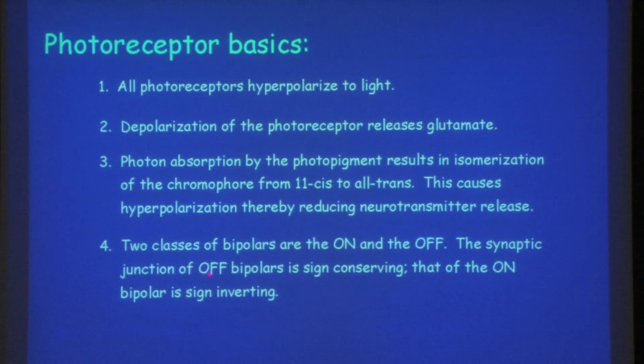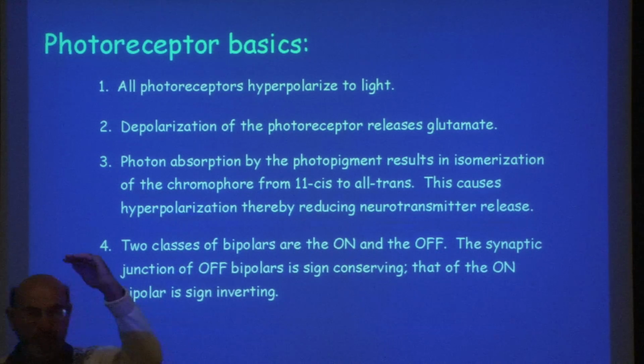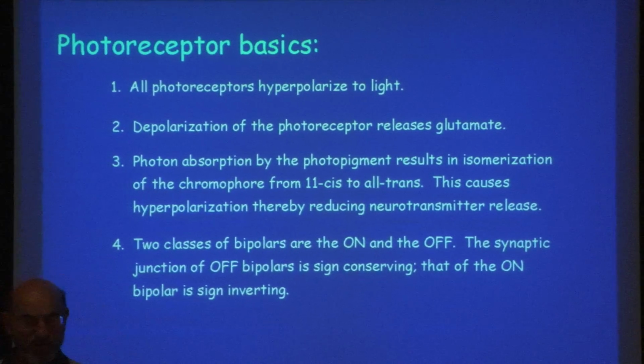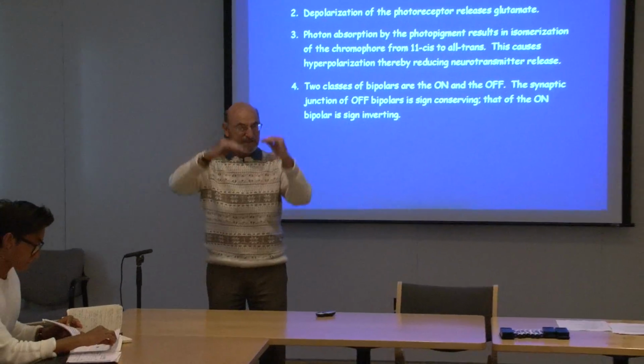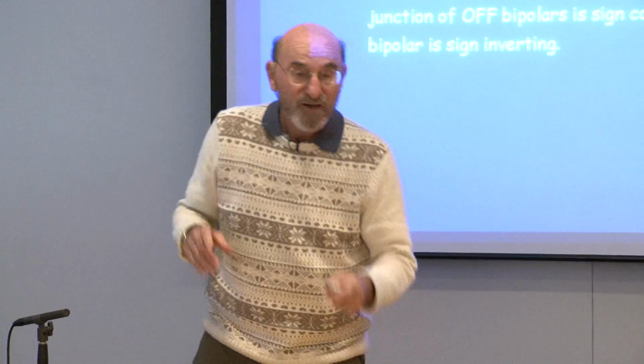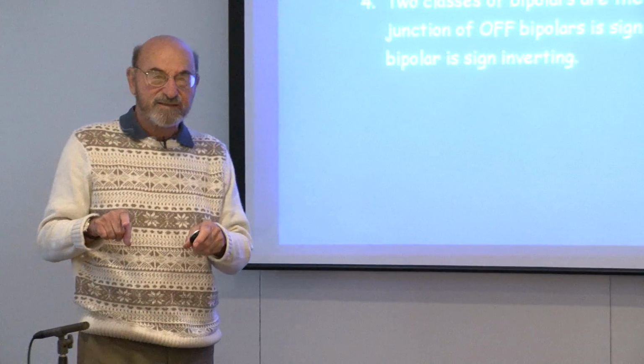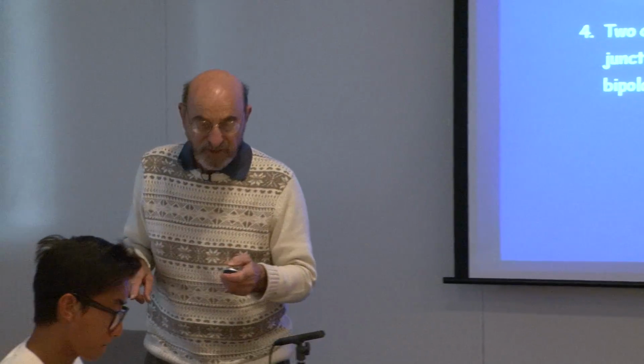Synaptic junction of the off bipolars is sign conserving, and that of the on bipolars is sign inverting. And so as I told you the last time, as you hyperpolarize and depolarize a photoreceptor, an off bipolar cell does the same thing, but the on bipolar does the opposite. Okay? So you created a two-ended system, a double-ended system, if you will, from a single-ended one that you have in the photoreceptors.